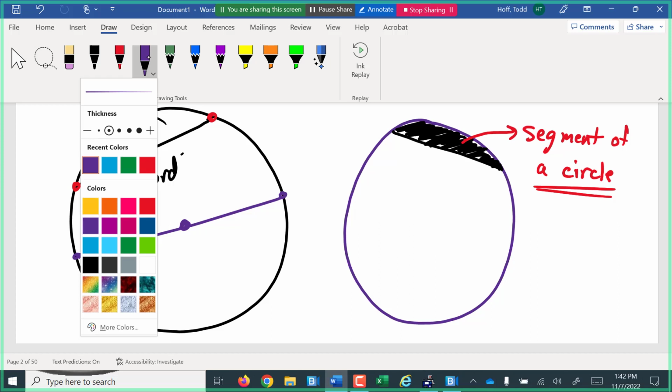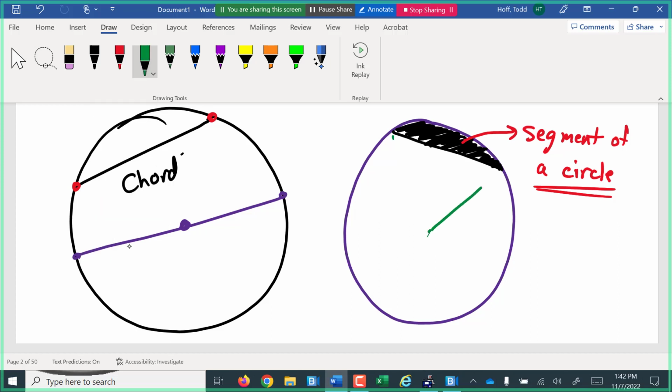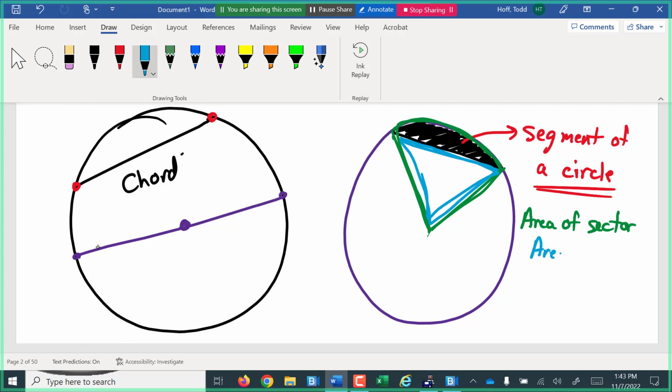One is going to be the sector. The sector is going to go all the way out there. The second related piece is going to be this triangle here. And of course, we're going to subtract those to get the area of that segment.